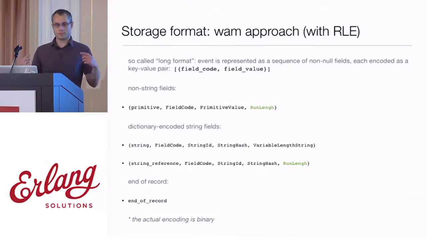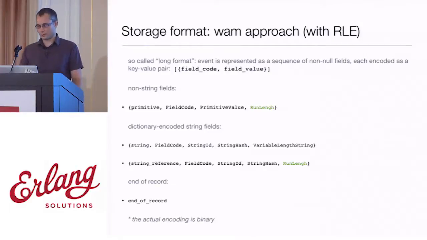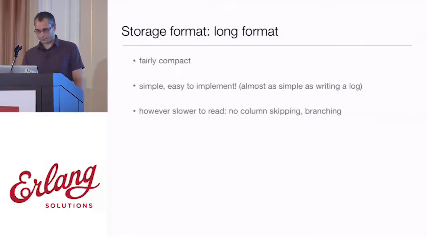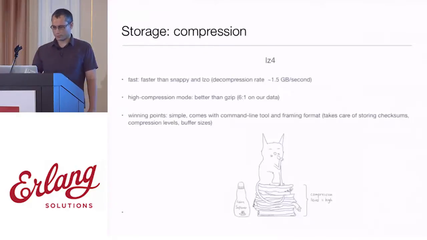It can be compressed by taking the value itself and then specifying how many times it repeats. That's called the run length. You can represent it in that format and further compress it down. So it's fairly compact, simple and very easy to implement. It's definitely slower to read than columnar format.